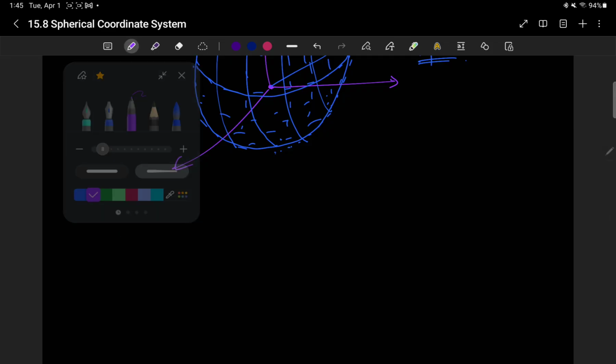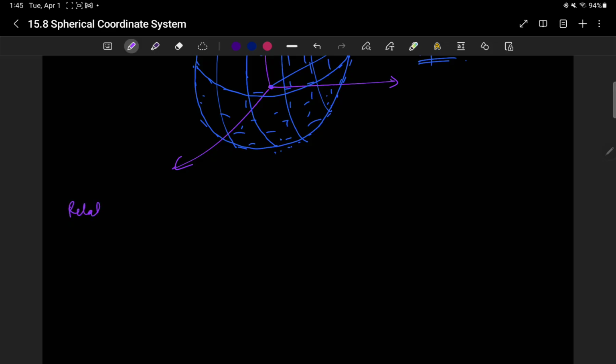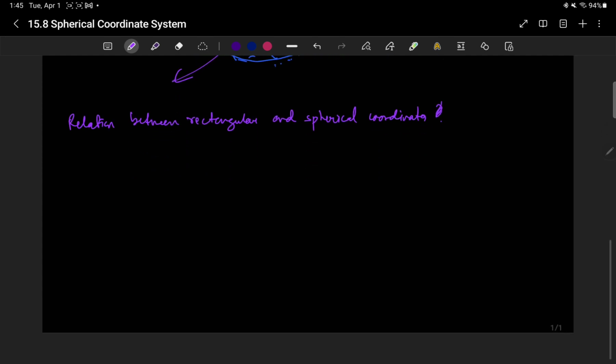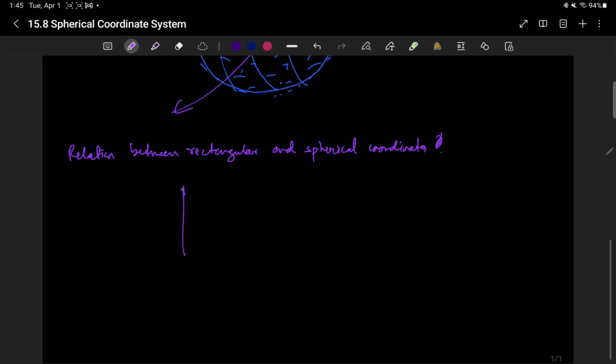The next thing we want to establish is the relation between rectangular and spherical coordinates. Okay, so here we're gonna have to set things up a little bit carefully.